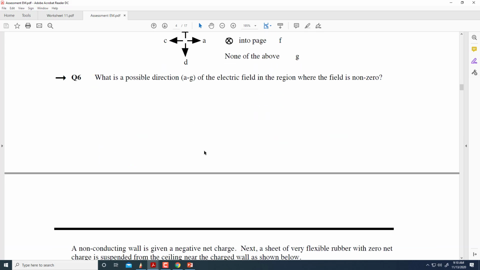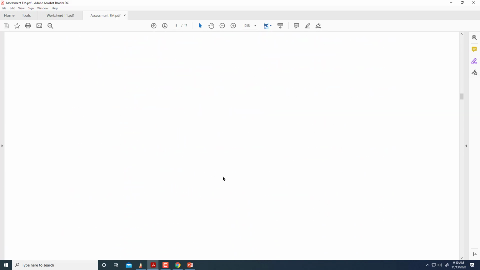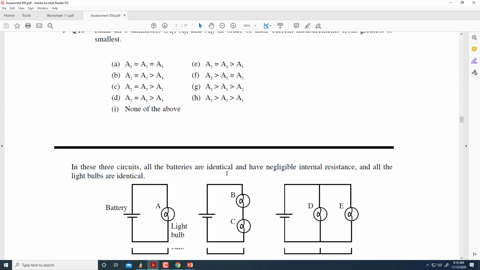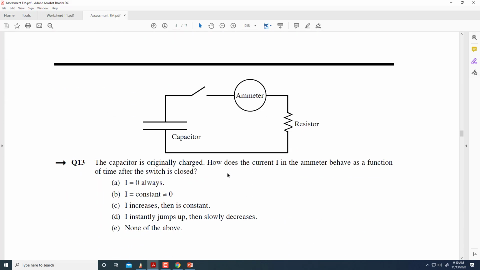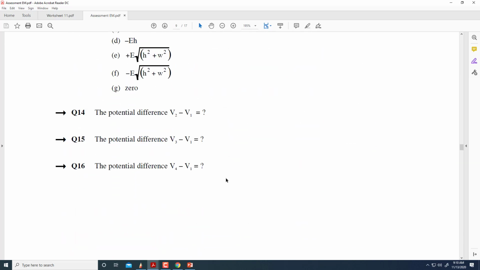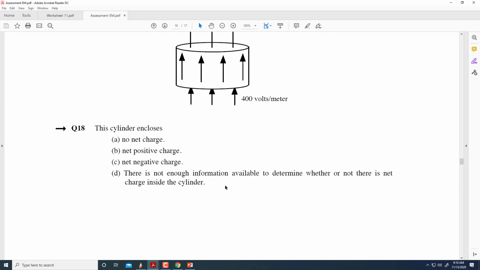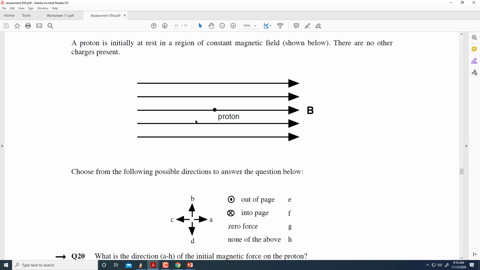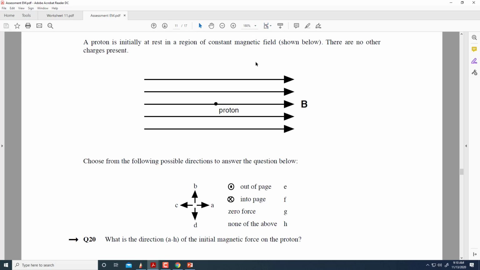Now let's look at the force due to magnetic field. Okay, so let's see. A proton is initially at rest in a region of constant magnetic field.